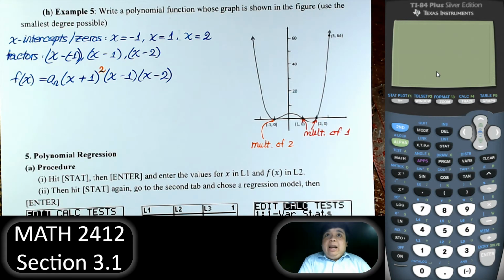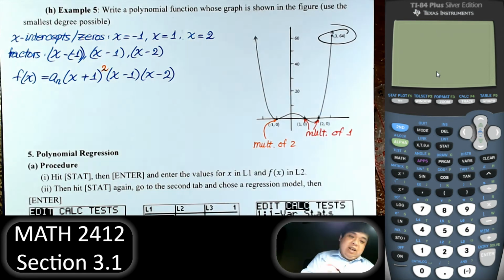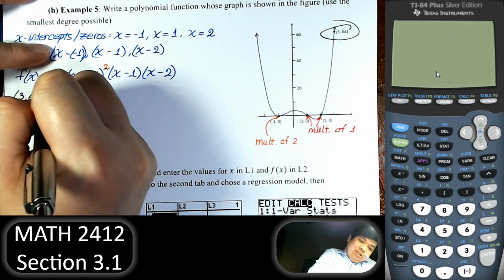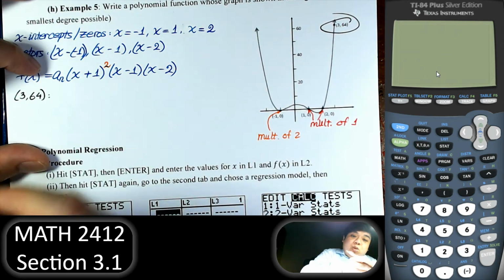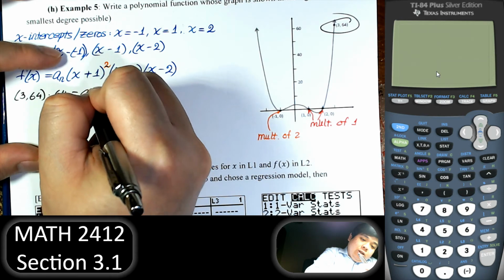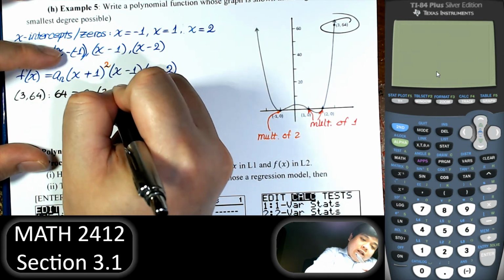Now one thing we haven't used, of course, is this point right here. It means that the function equals 64 when we put 3 in for x.